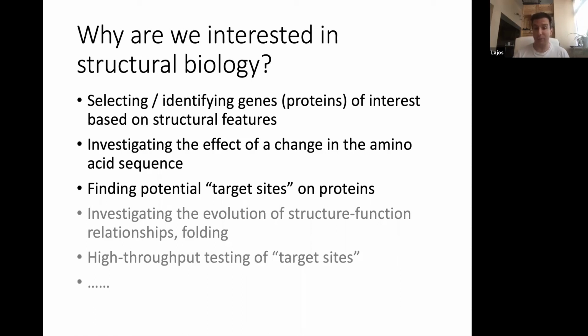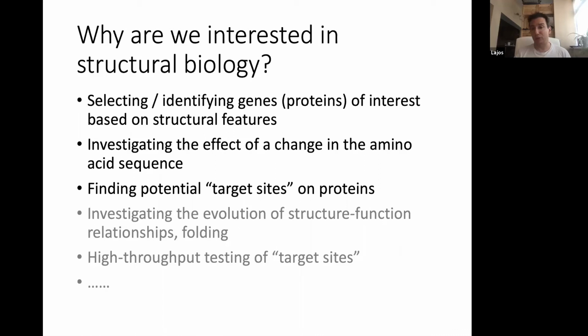So again, for example, if you look for a potential vaccine target, then you will really need structural biology to find the potential sites. And the other thing is that if you are thinking about targeting a protein with a drug, a small molecule, to inhibit that particular protein or its function, then again, you have to identify that site by using structural biology.